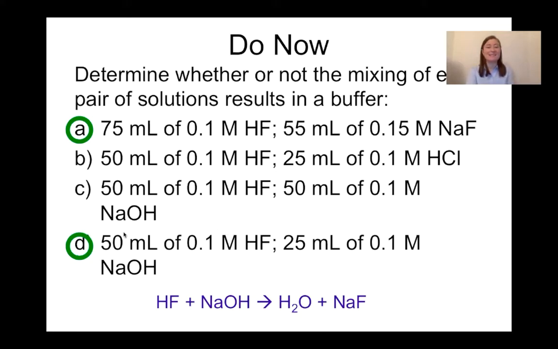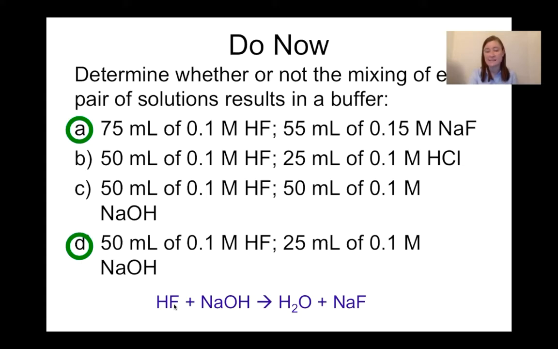But in the case of solution D, we actually are going to end up with a buffer, which is a little bit counterintuitive because we're given a weak acid and a strong base, and if you remember from last time, the definition of a buffer is you have to have a weak acid and its conjugate base. So we need to look a little bit more closely at what's going on with answer choice D.